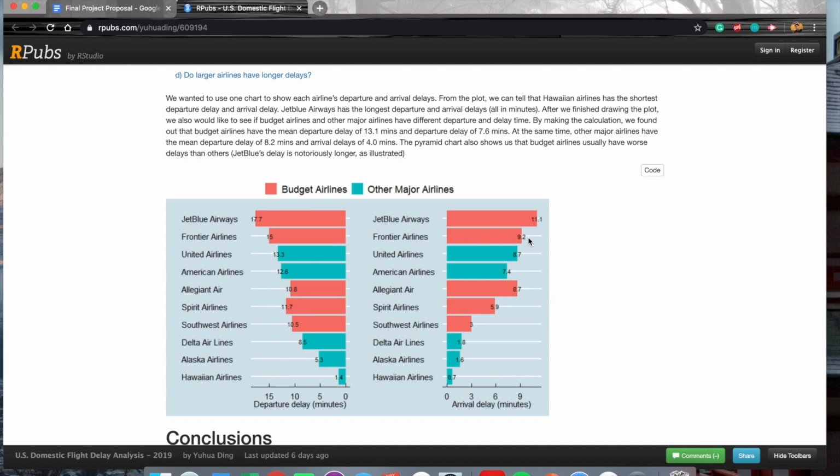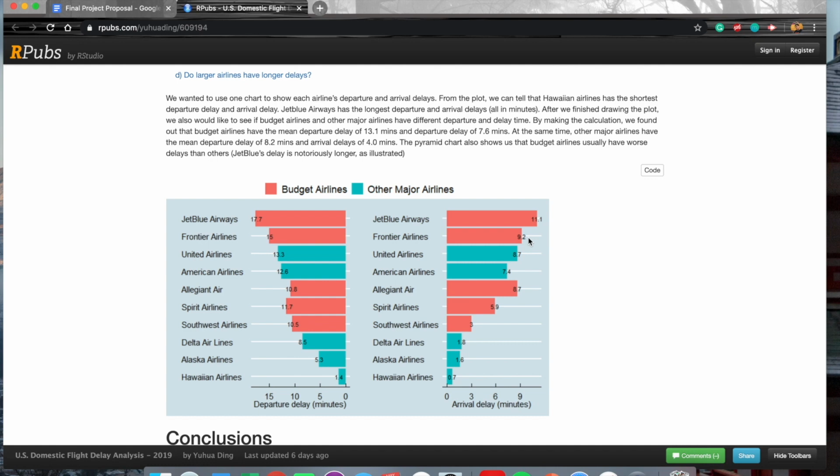And if we are looking at the departure and arrival delay for low-cost airlines versus others, here we are using one chart to show each airline's departure and arrival delays. From the plot, we can tell that Hawaiian Airlines has the shortest departure delay and arrival delay. JetBlue Airways has the longest departure and arrival delays.